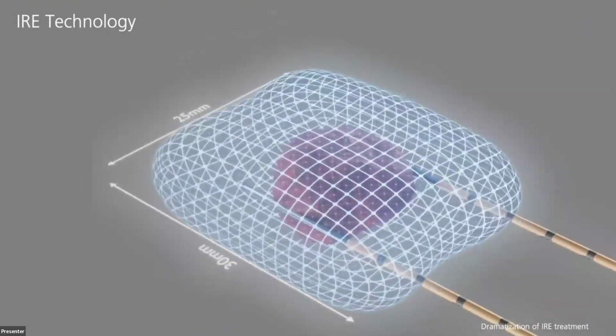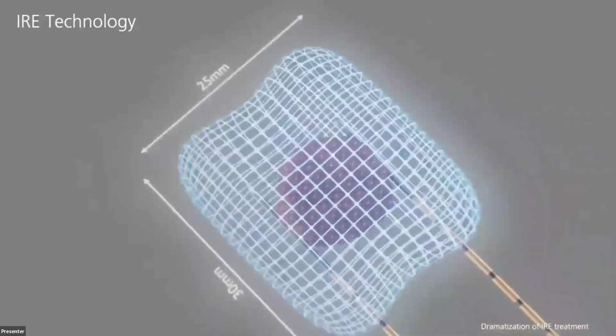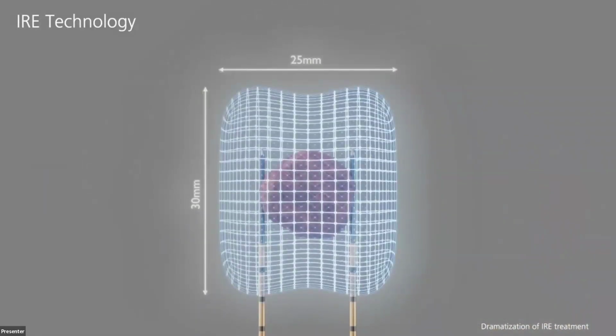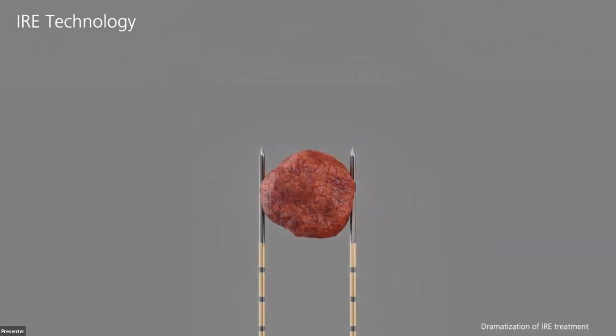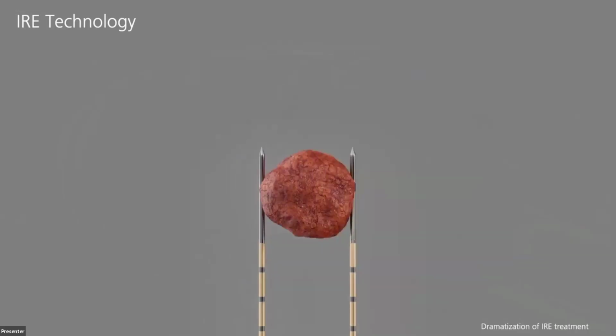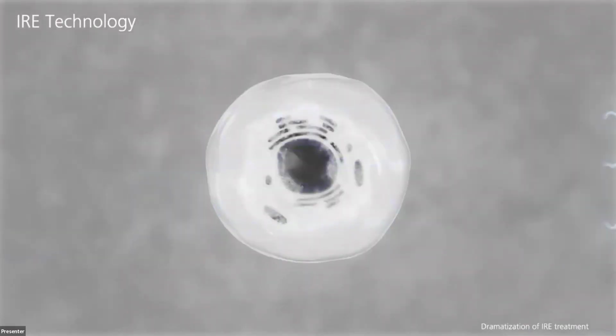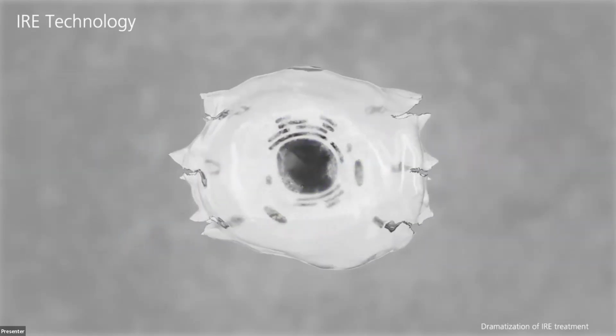It's been around a little over 15 years, where we use high voltage, low energy DC current to create permanent pores in cell membranes that leads to cell death. Since its introduction, it has found different applications, and we'll now start with the liver, one of the most common areas where we use IRE.